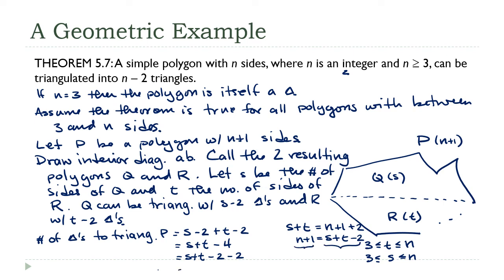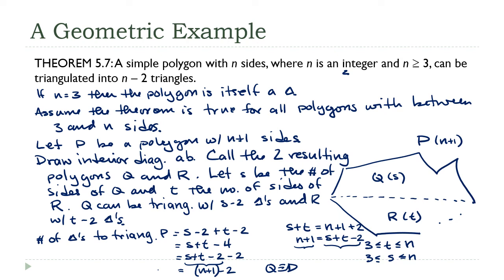So put that in here. This is n plus 1 minus 2. And that's what I need to show for the count. The required number of triangles to do this triangulation is equal to the number of sides, that's n plus 1, minus 2. That's what I needed to show for the part about the count, the number of required triangles.